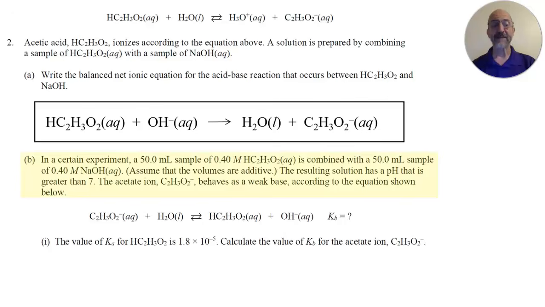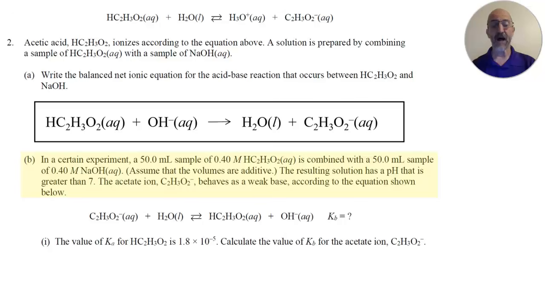It says in a certain experiment, a 50 milliliter sample of 0.40 molar acetic acid is combined with a 50 milliliter sample of a 0.40 molar sodium hydroxide solution. Assume that the volumes are additive, which means 50 plus 50 is 100. The resulting solution has a pH that is greater than 7.